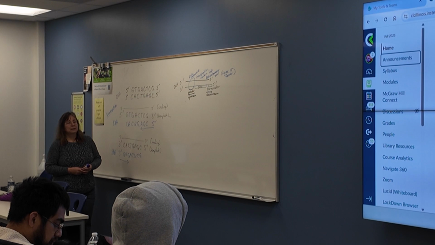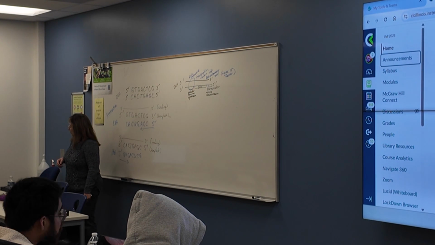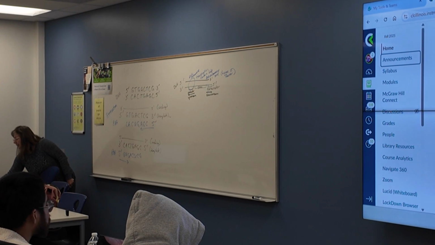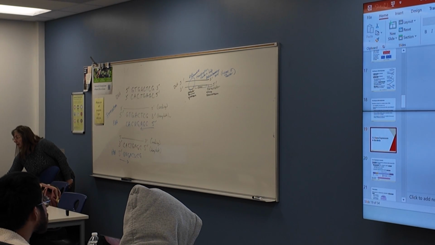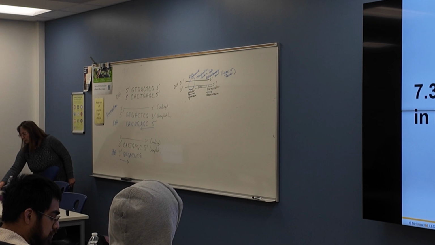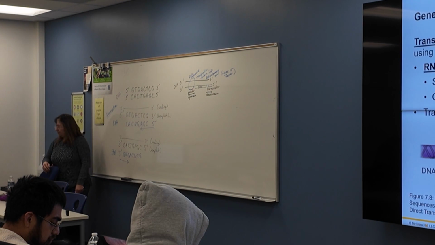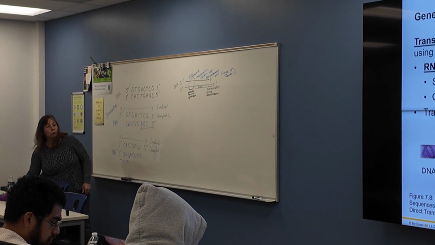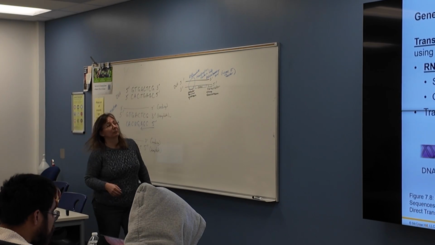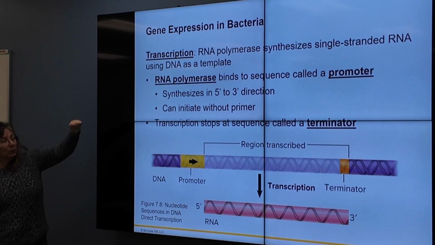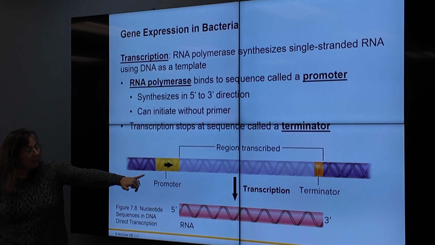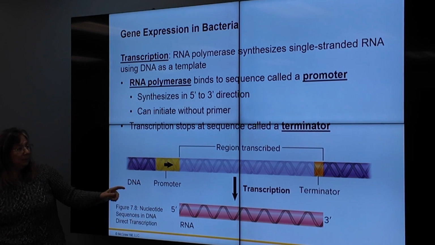All right. Let's look at the notes and see what else we might have missed. Here's a nice pretty drawing, much better than my own. RNA polymerase is going to do all the work. It's going to bind at the promoter on the DNA.